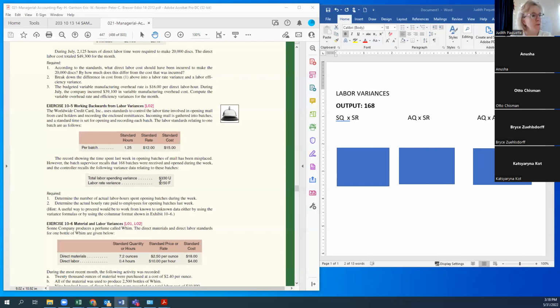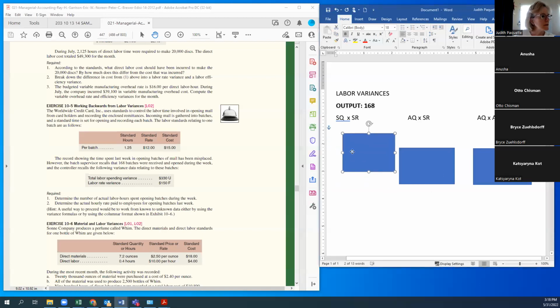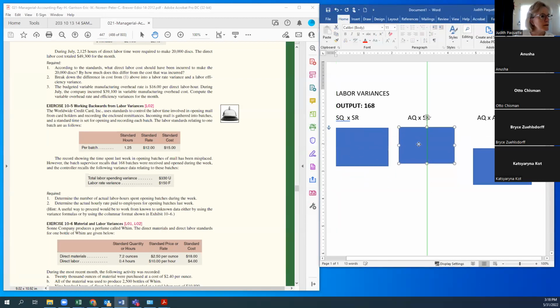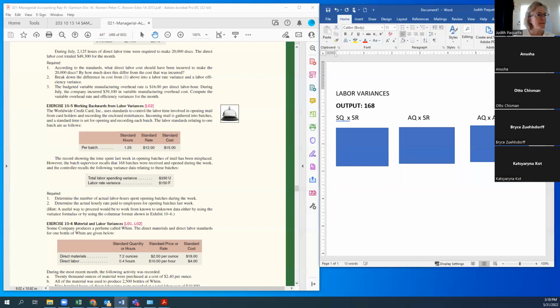We know what labor rate variance is, right? So if we come over here, I'm going to put these up here. Where does labor rate variance go? It's the difference between these two variances, okay? So labor rate variance is going to be $150 favorable.